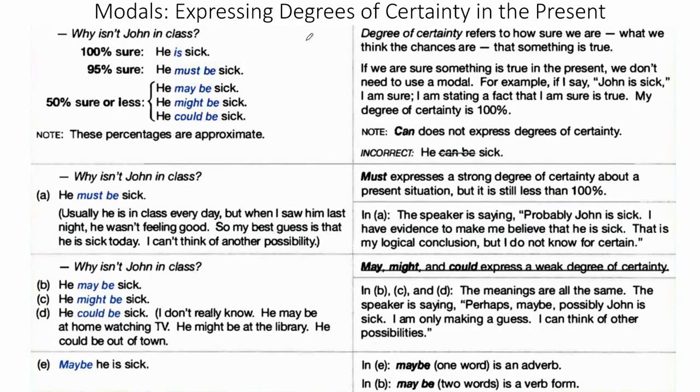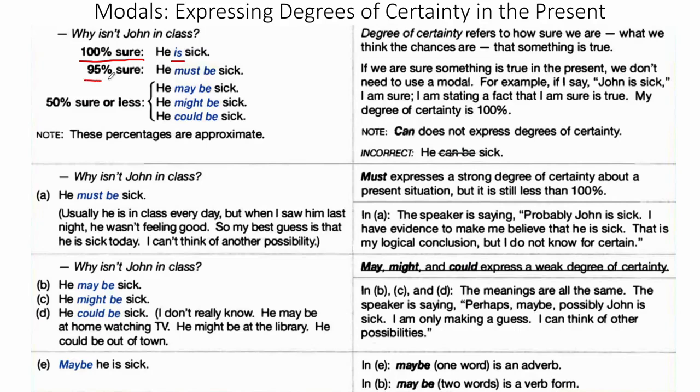This is the chart. We can have 100% sure, and for this case we can use simply whatever verb we have, like in this example, he is sick. Whatever verb you have, you put it when you are 100% sure about whatever you want to say.